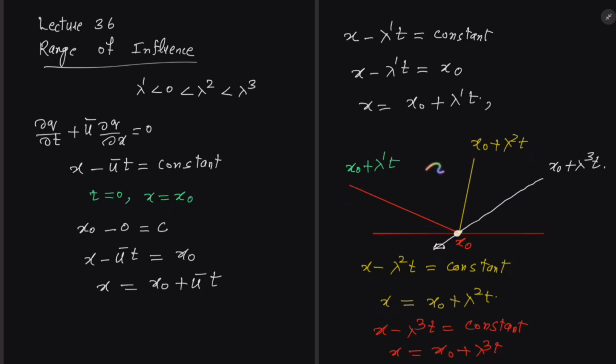But if someone is over here and there is some characteristic, then they can receive the information. If there is no characteristic, no one will receive the information, because information only travels on the characteristics. If we have many characteristics like this, then the person can receive the information. But the idea is this point can influence only the region in between here. This is called range of influence.